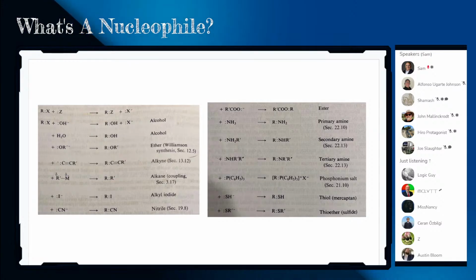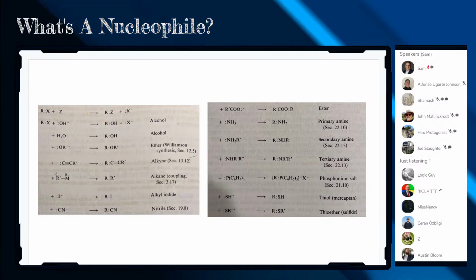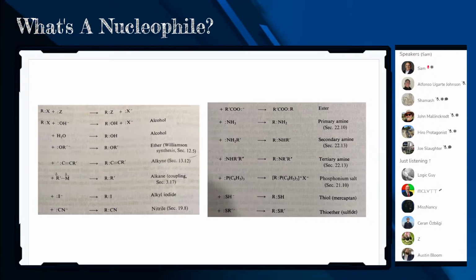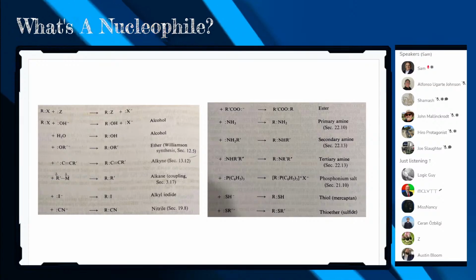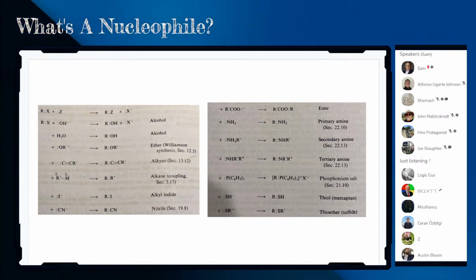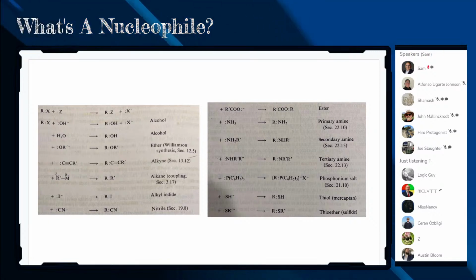So we have RX plus OH minus. We do a substitution reaction of X for OH. And so we end up with ROH plus X minus. That's an alcohol. What does that mean? It means that if I have an alkyl halide and I react it with hydroxide, I get an alcohol. Same thing. Alkyl halide reacted with water under basic conditions, I get alcohol.